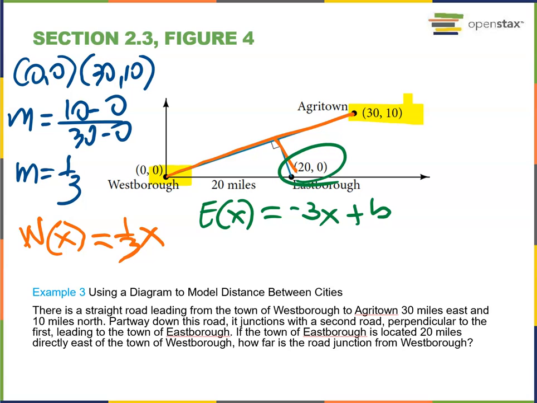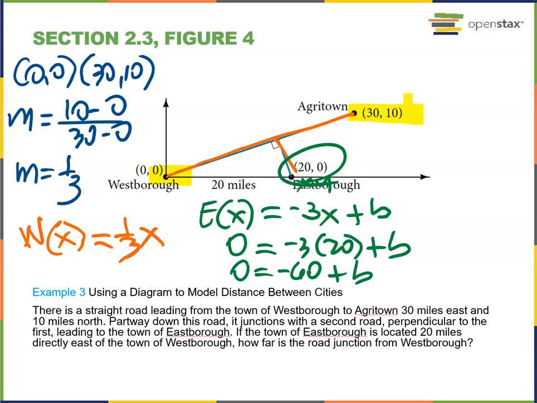Then let's use this point 20, 0 as your x, y. So 0 equals negative 3 times 20 plus b. Negative 3 times 20 is negative 60. If you add 60 to both sides, your b is going to be 60. Now we have an equation for the line perpendicular to that: E of x is equal to negative 3x plus 60.